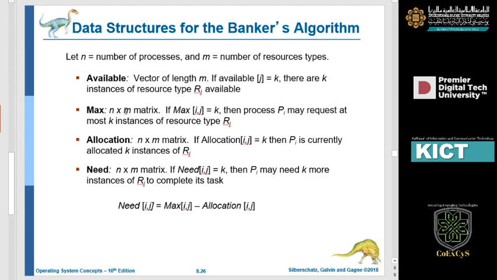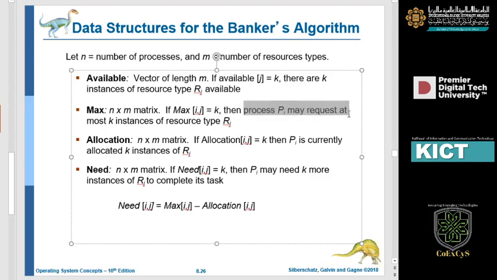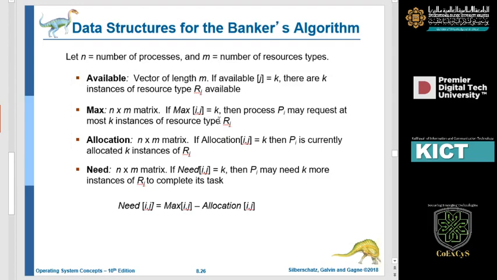When we say Max of the n times m matrix, we identify it as k. So Max[i][j] equals k means that process Pi may request at most k instances of resource type Rj. That's the notation that we have.